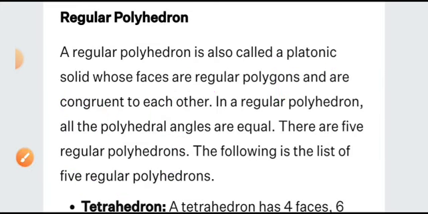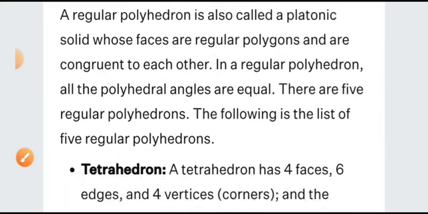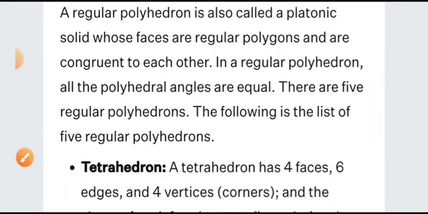Using that, we have only five regular polyhedrons.